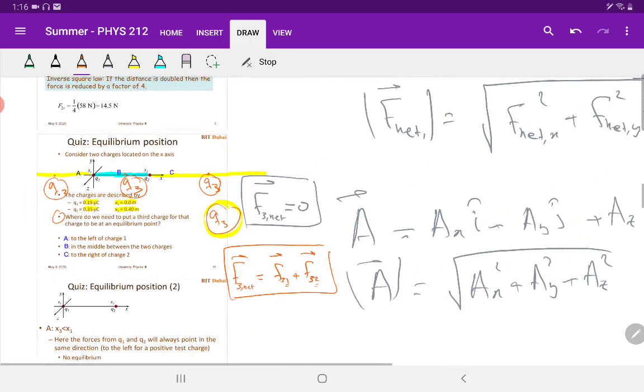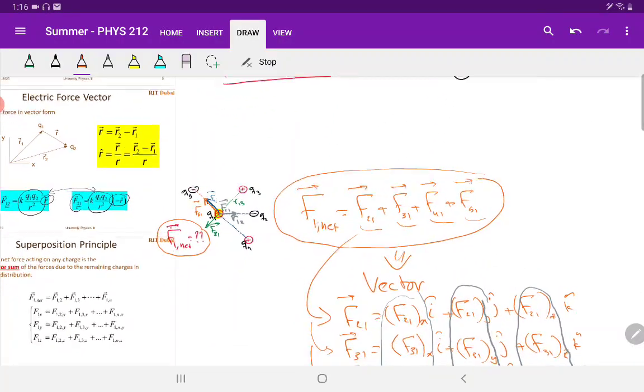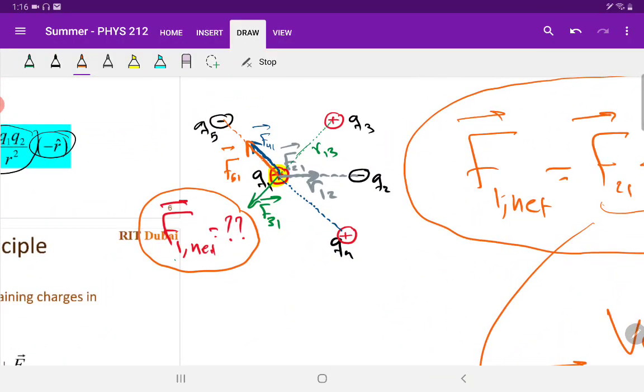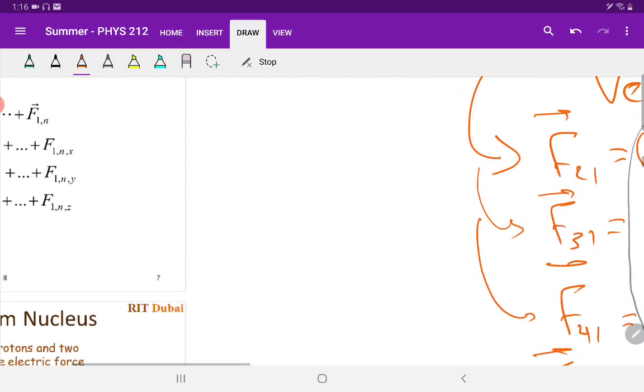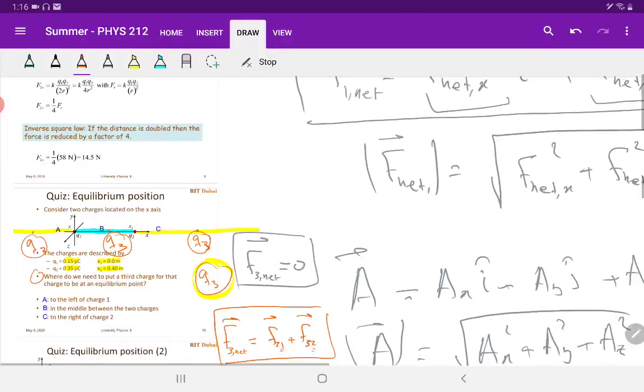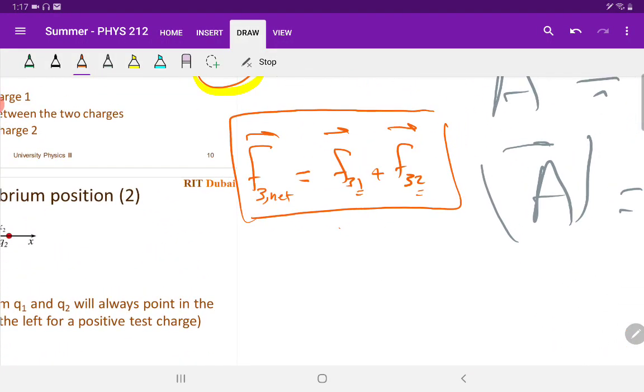As we did in this question here, we will do almost the same thing, but instead of choosing Q1, we are choosing Q3.